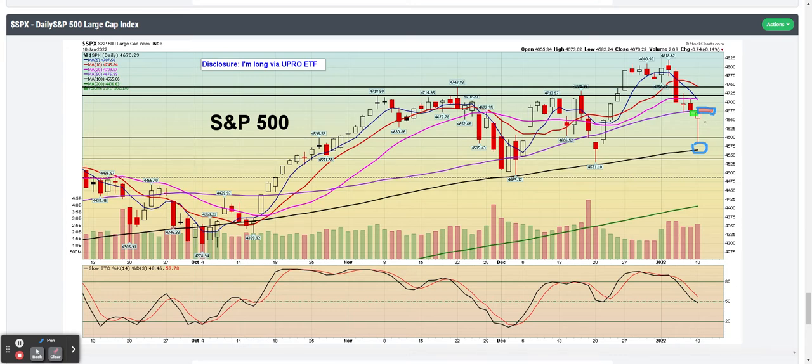Gotta be transparent. Today I decided to go long the S&P 500 via the ETF UPRO. I bought right around that area, right above 4,600. I'll show you on the 5-minute chart.